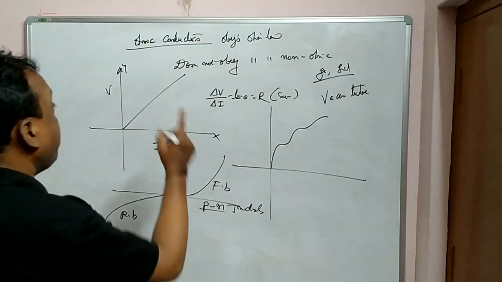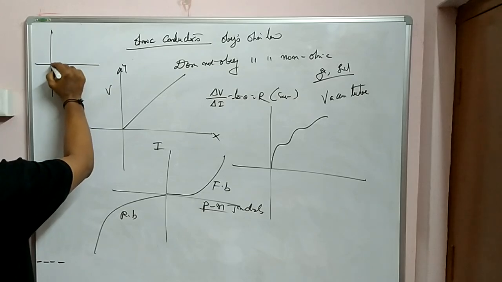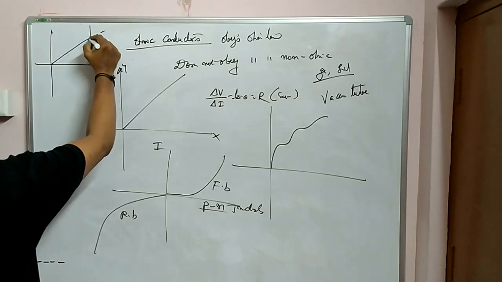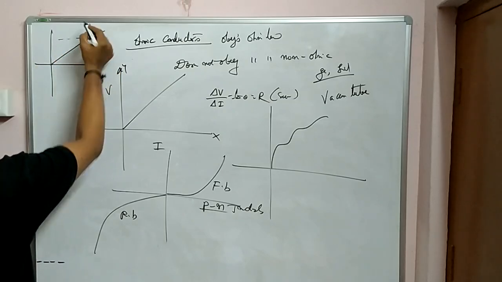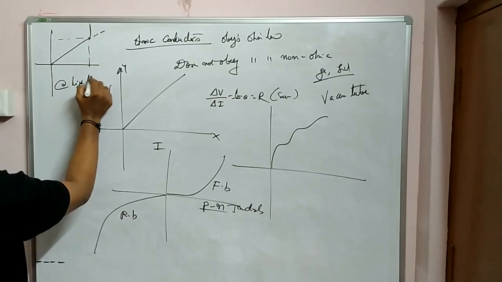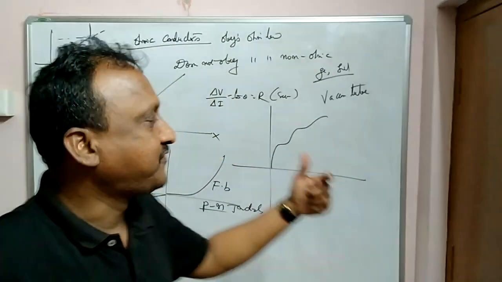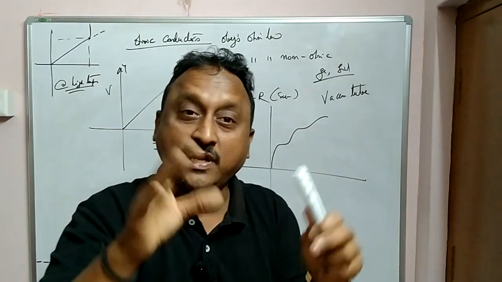Similarly, metals at high temperature, please make a note. You can see up to here it is okay. After this you can see a curve forming. So at a high temperature, for metals Ohm's law again fails. The graph is a straight line only at constant temperature.